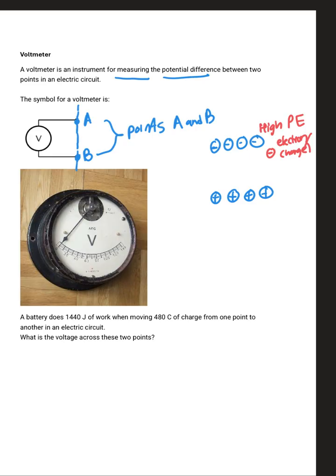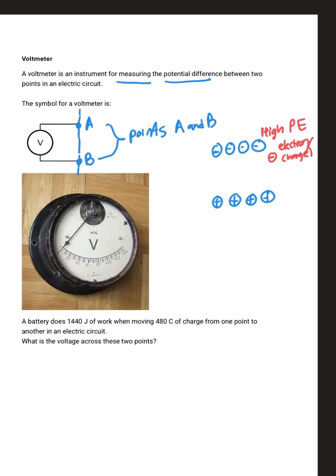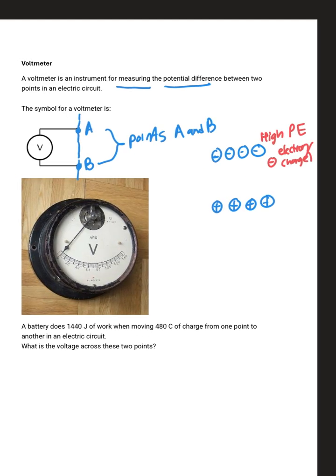So this charge is going to be pushed by these negative charges right here. So it's going to be repelled, and as it is repelled, it's going to be attracted to these positive charges until it reaches this point where it now rests near the positive charges.